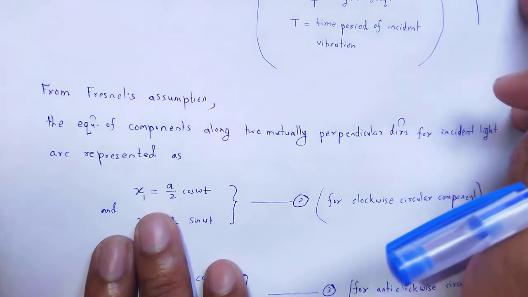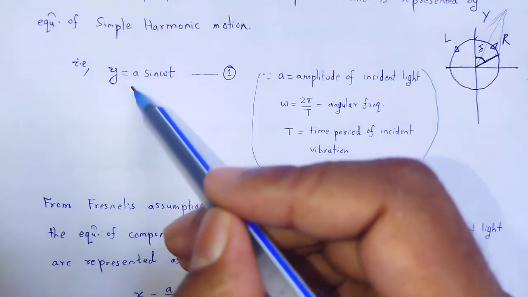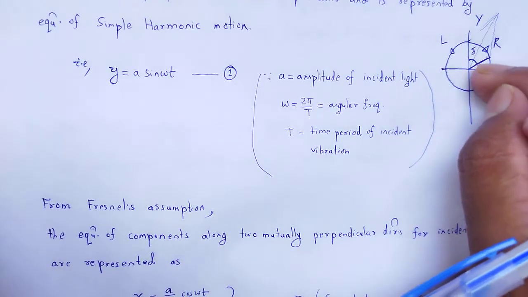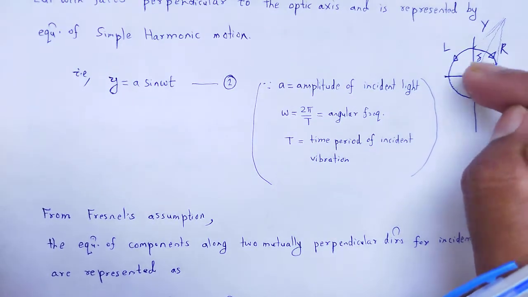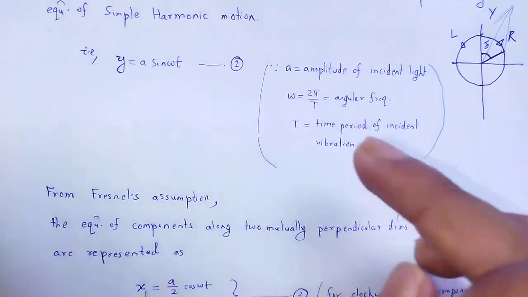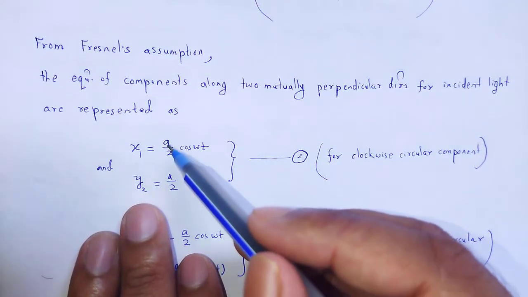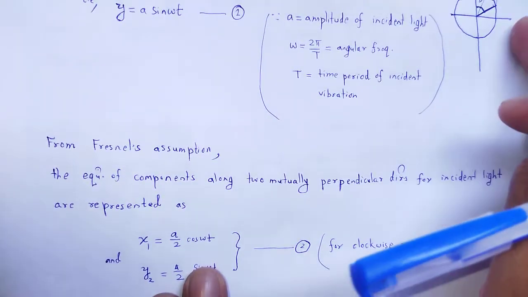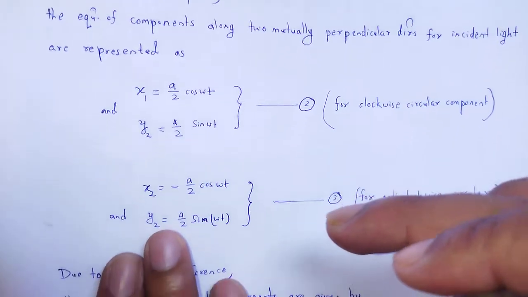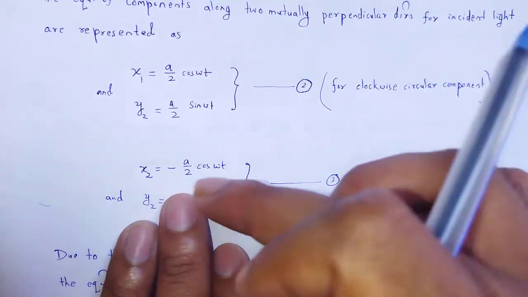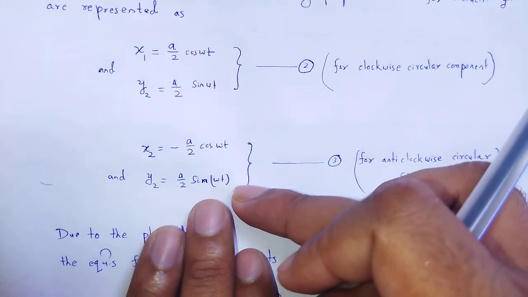The x1 component has amplitude a by 2, the entire amplitude divided along the x axis as a by 2, along the y axis another a by 2. So, the sum of the amplitudes is a. So, the components are x1 is equal to a by 2 cos omega t, and y1 is a by 2 sin omega t. Next, x2 is minus a by 2 cos omega t, and y2 is a by 2 sin omega t.